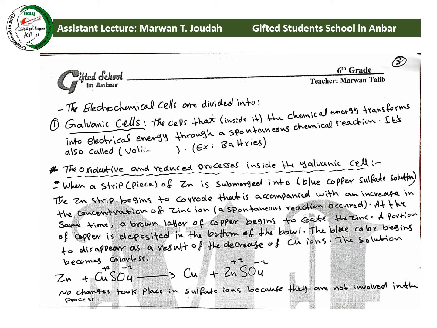So what is a galvanic cell? We will study it in detail, and then I'll send you videos showing you how the galvanic cell works. A galvanic cell is a cell inside which chemical energy transforms into electrical energy.